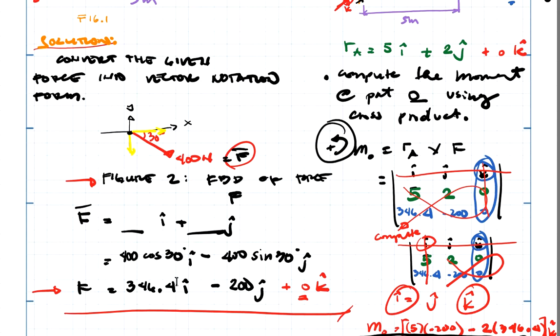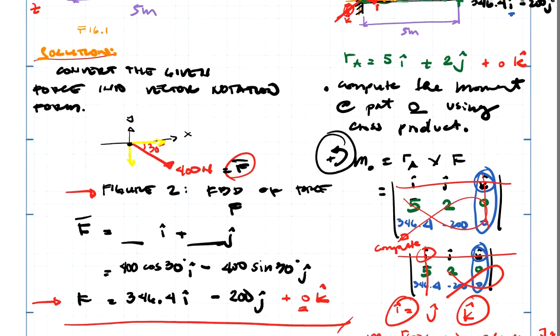The I component is positive since it is going to the right, and our Y component is going in the negative direction, so we have negative 200J. To complete the I, J, and K, we add the K component, which is just 0, or we can directly show the I and J components only.